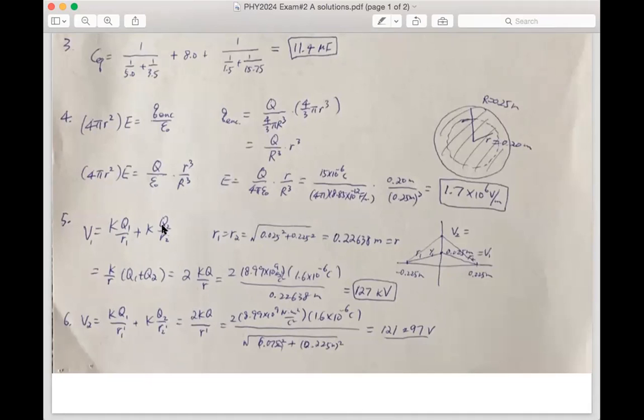You have two of them, so you just add them together. You want to look at the geometry over here to get R1 and R2. They are equal to each other. And then you plug in the numbers. That gives you the potential at this point, where the third charge is closer to 0 at its y location.